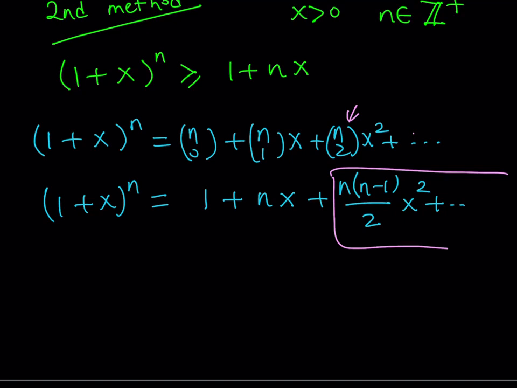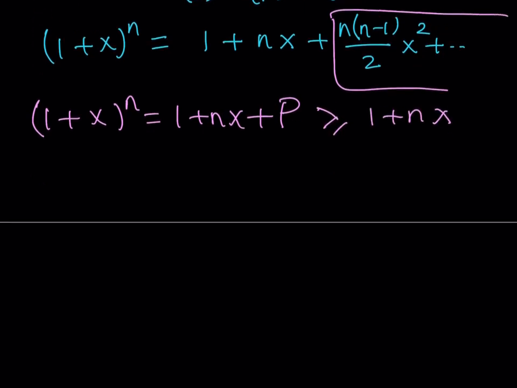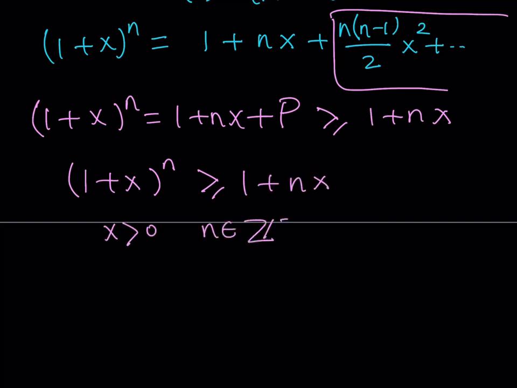Therefore, we can safely say that since (1 + x)^n is equal to 1 + nx plus something positive, let's just call that p for positive, this is going to be greater than or equal to 1 + nx, which means that we are done with the proof. So (1 + x)^n is going to be greater than or equal to 1 + nx if x is positive and n is a positive integer.